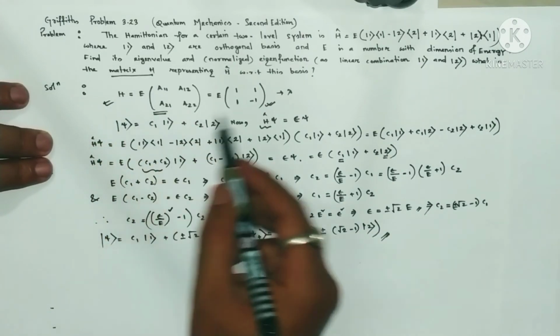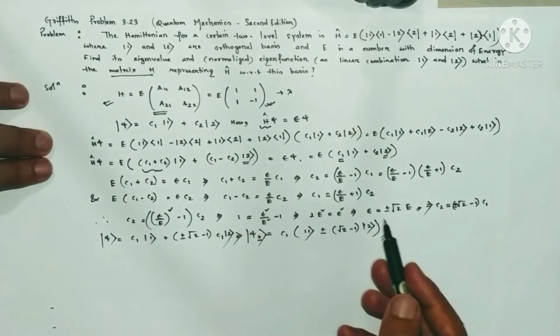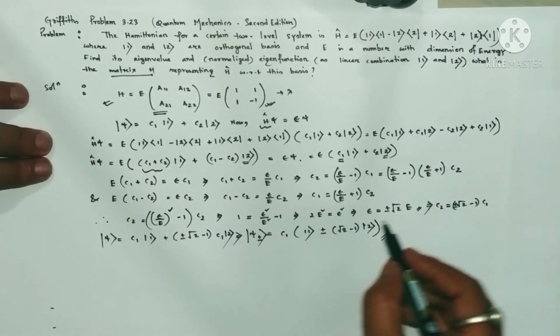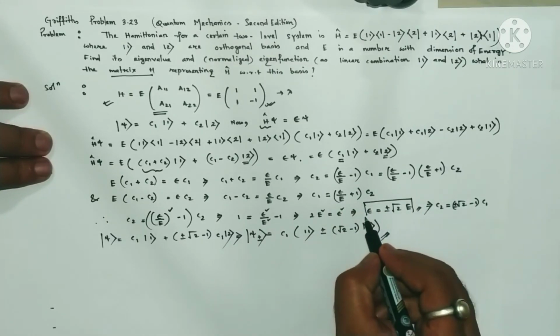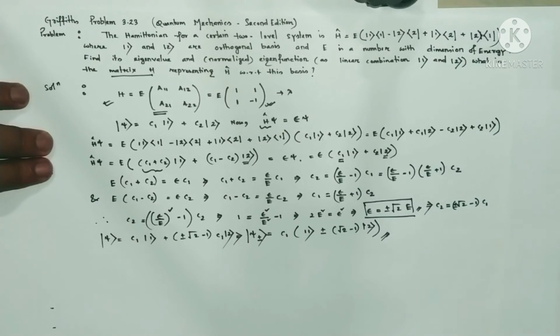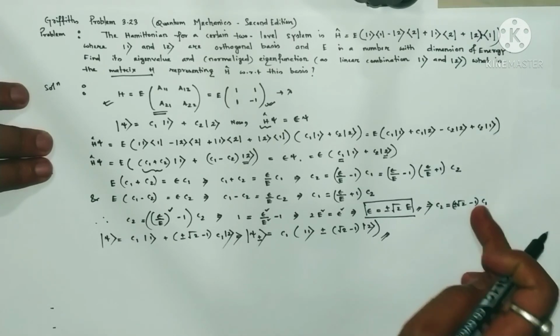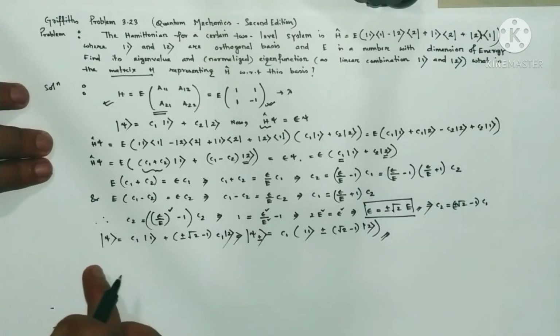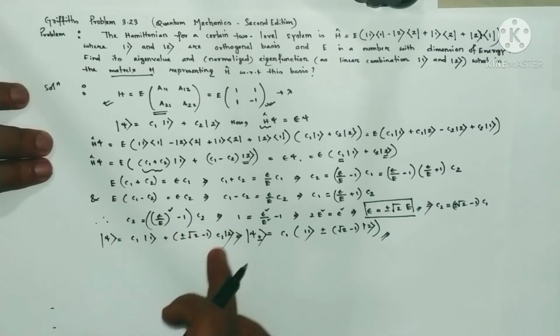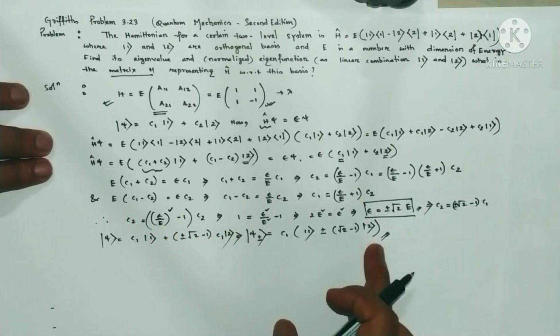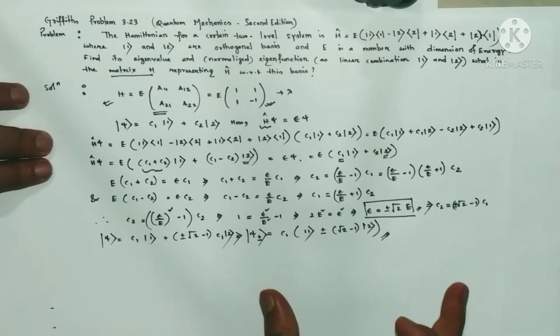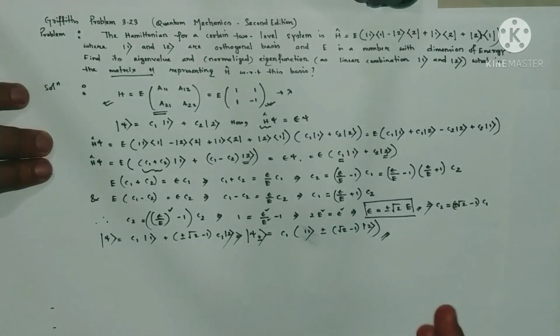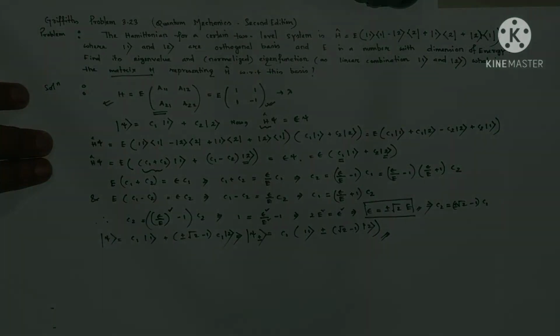From there we can find the value of lambda, and that we will get it as plus minus root 2 E, and then we replace this value over the wave function or wave vector. We end up here, and then we can normalize it by the inner product, and we can find out the value of C1. So thank you so much.